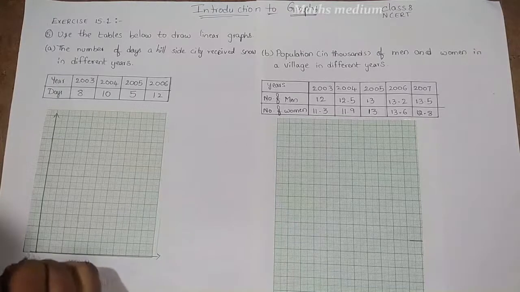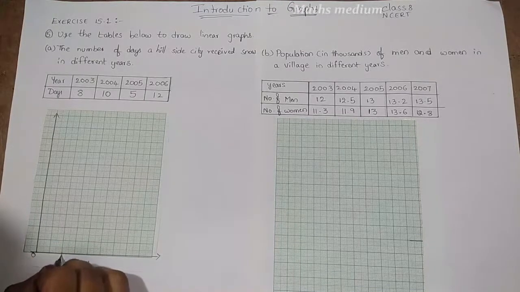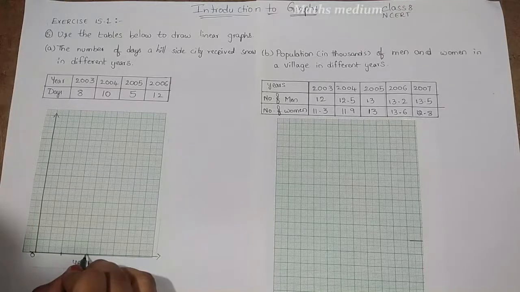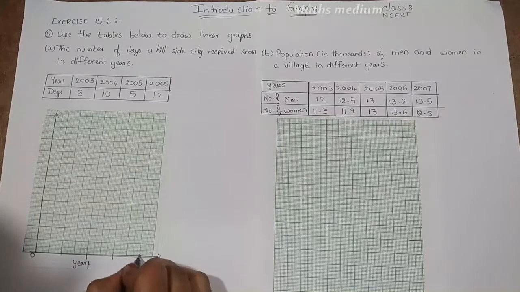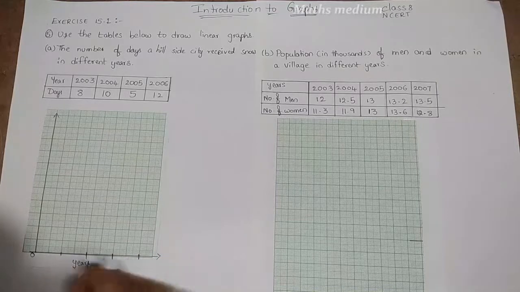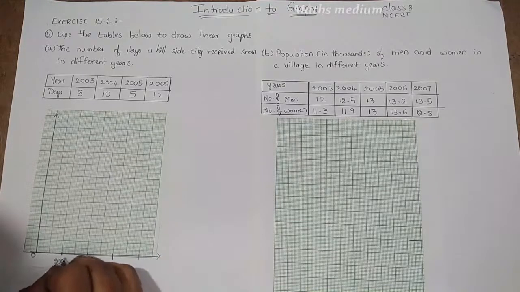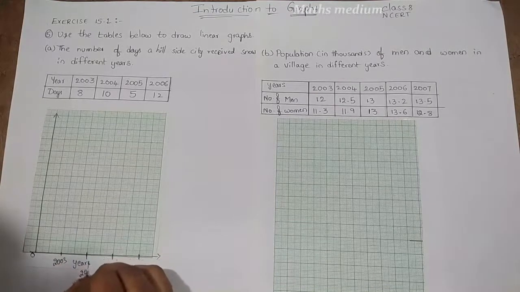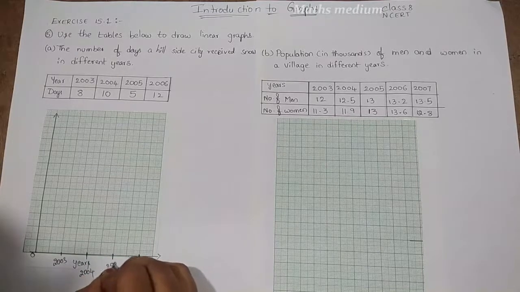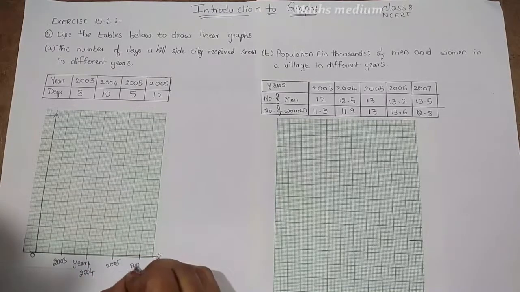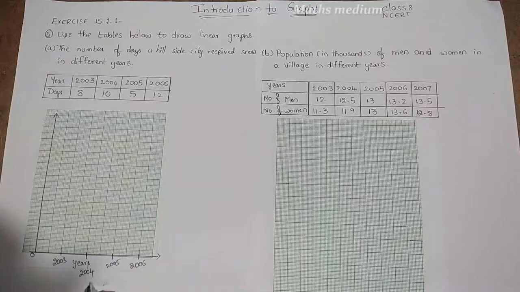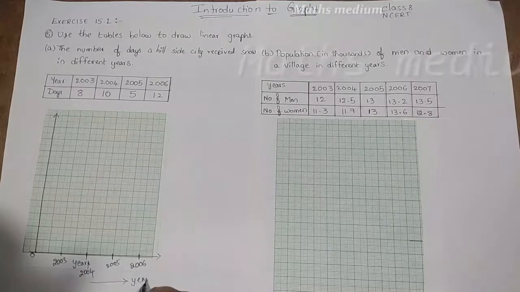So this is 0, right? After every one point I am taking a difference. 2003, this is 2004, this is 2005, and this is 2006. So these are all the years.